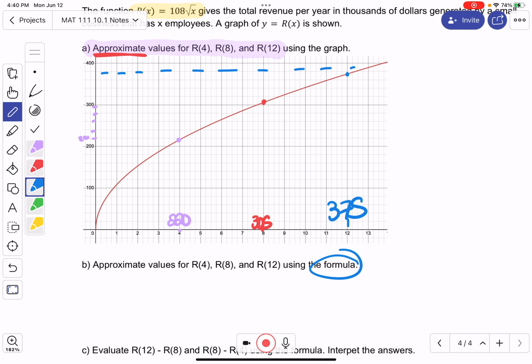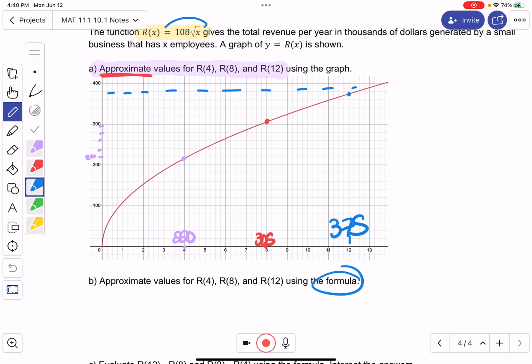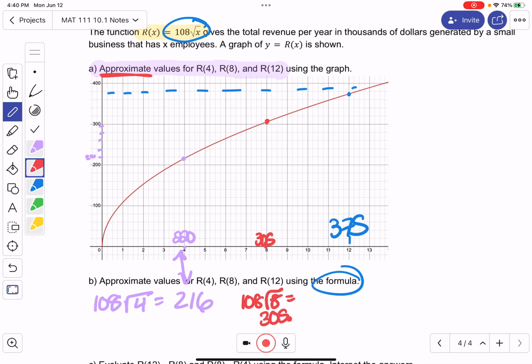Now, use the formula. Let's see how close we are. So we're going to take this formula and plug in those numbers. So first is 108 times the square root of 4, which if I put that in the calculator, I would get 216. So we were pretty close, our 220 and our 216. Then if I did 108 times the square root of 8, I get 305.5.